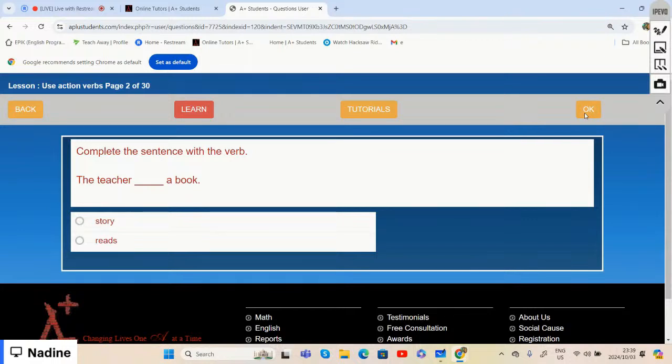The teacher story, a book, option 1, or the teacher reads a book, option 2. Which one is correct?